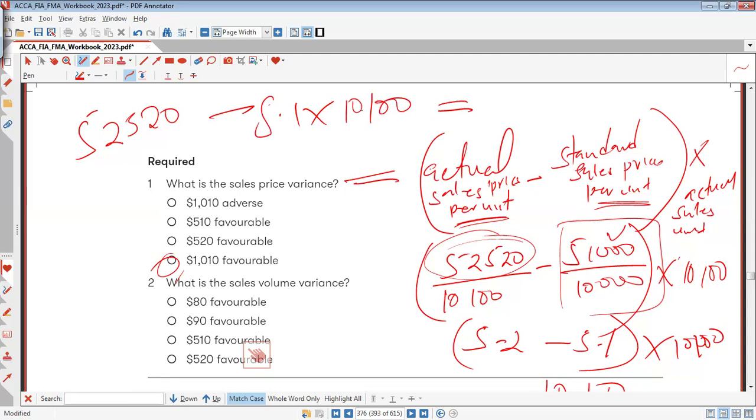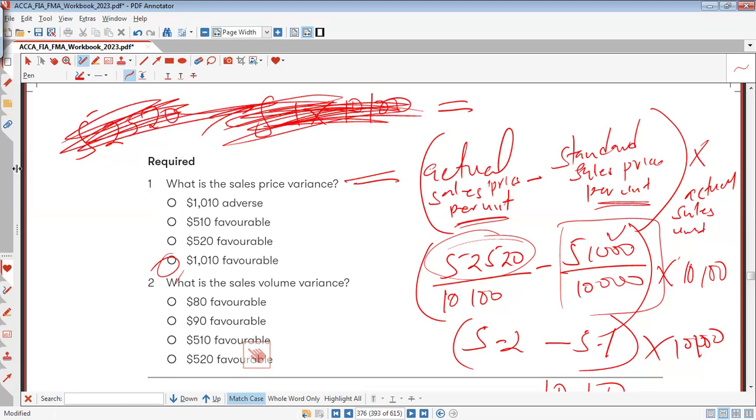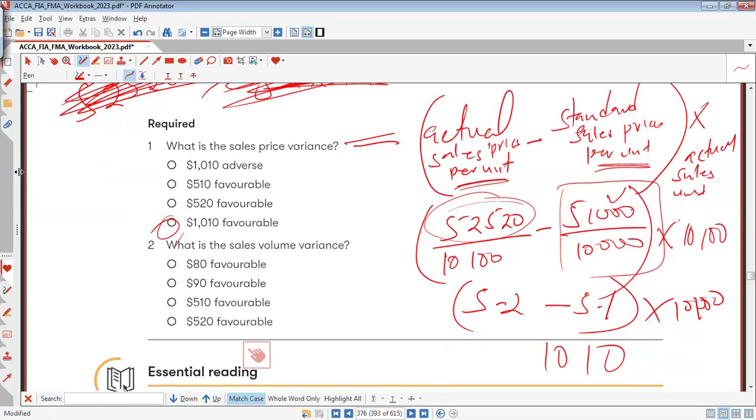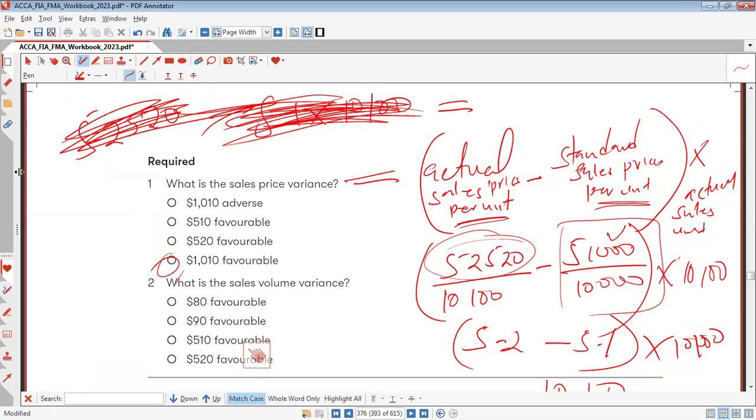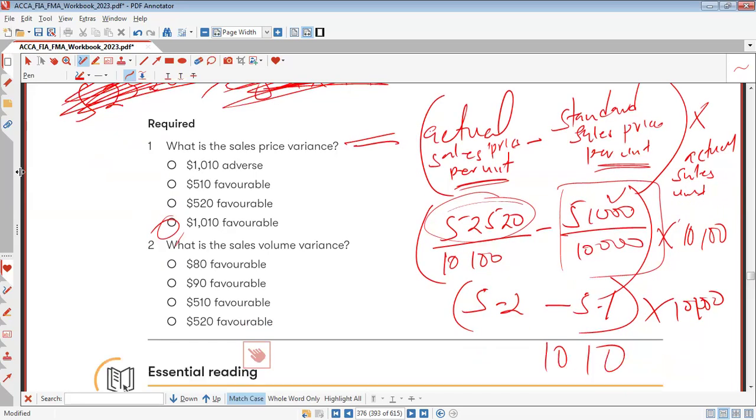But these shortcuts come in later when you practice a lot. For now, let's stick to everything from basics. So you get the actual sales price per unit and compare it with the standard selling price per unit. The moment you start comparing in the bracket, you should have made up your decision on whether it's favorable or adverse. Then you multiply with actual sales units.